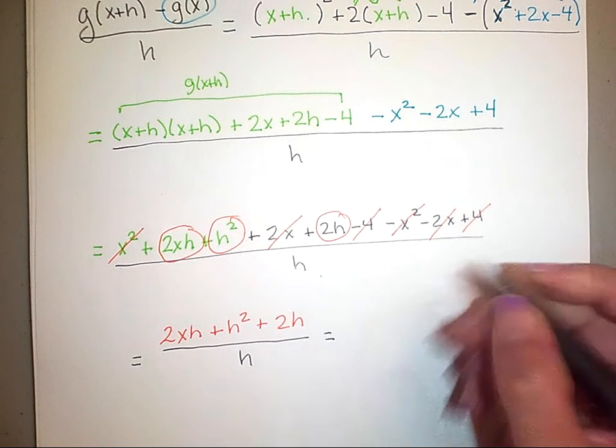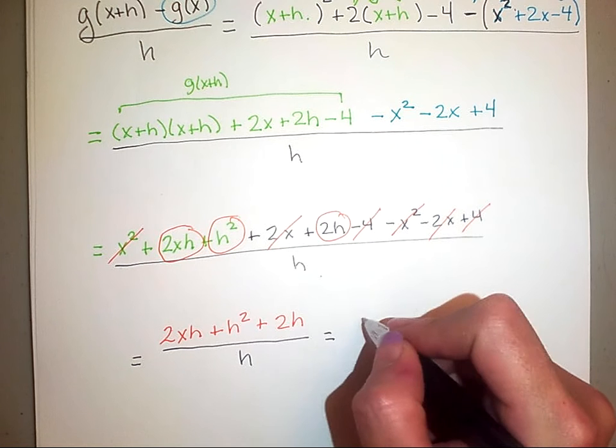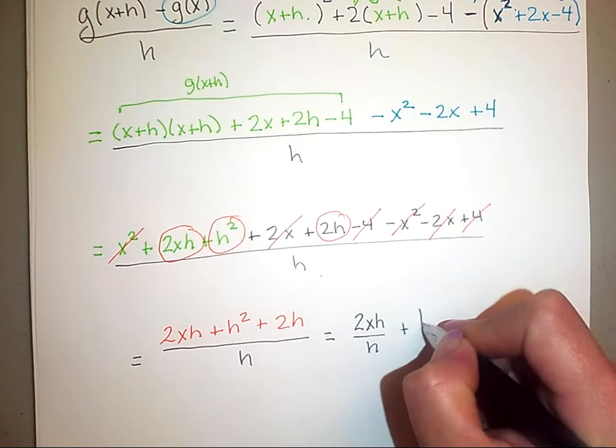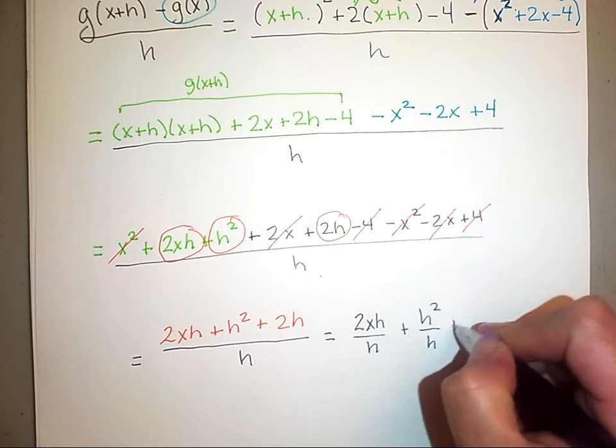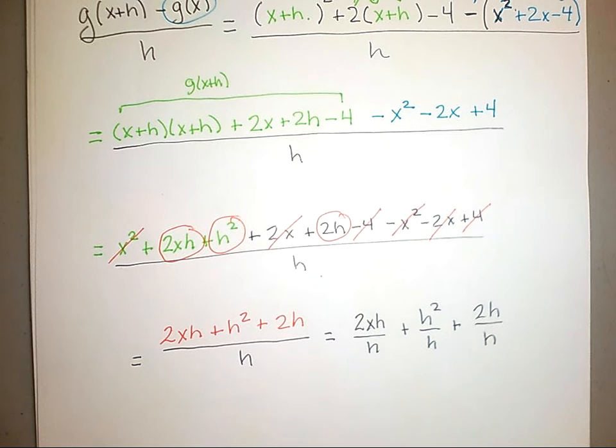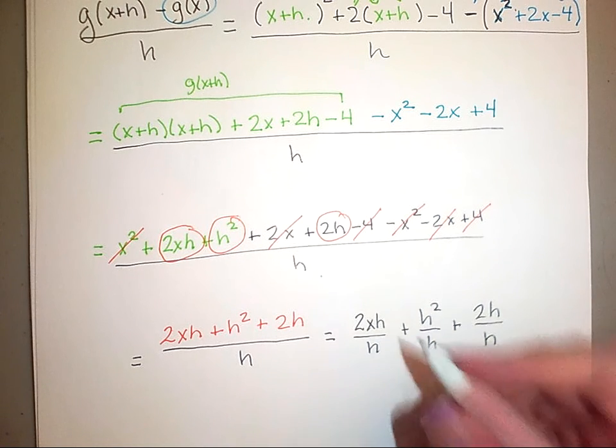plus h squared plus 2h, and all of that is divided by h. And we can simplify that further.